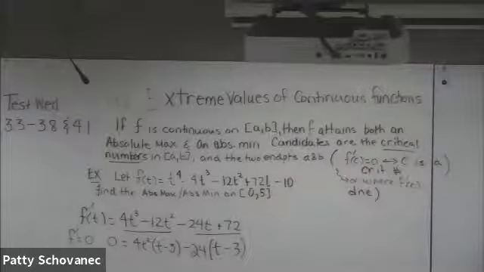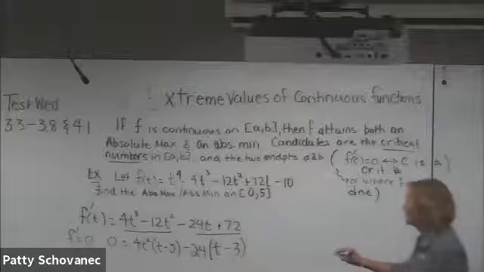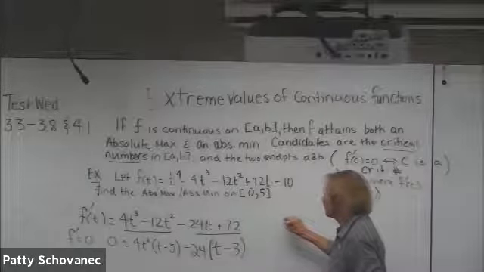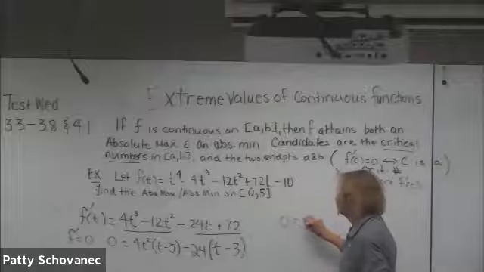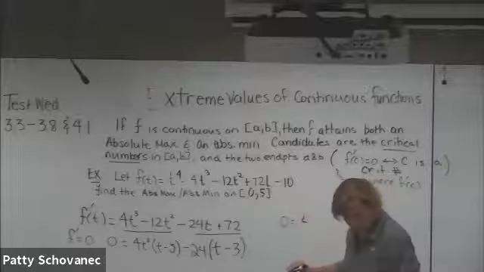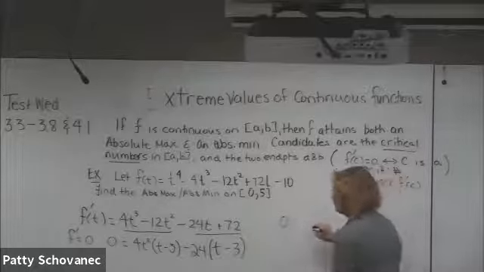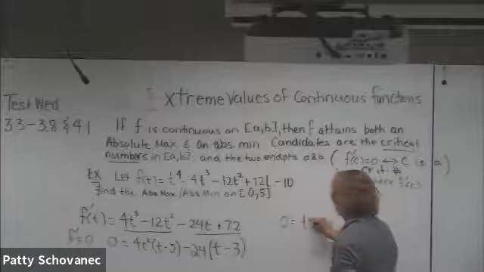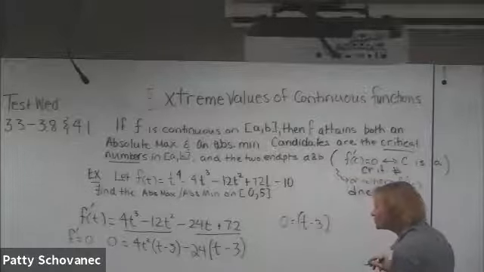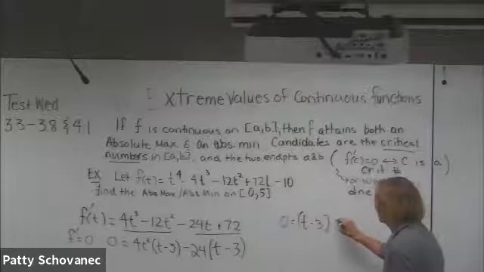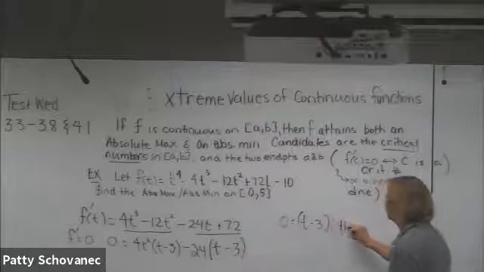So we've got one more step in factoring, and that's pull out the common factor of t minus 3. So I'm going to have my t minus 3 out front. And then the other factor is 4t squared minus 24. See how I did that?